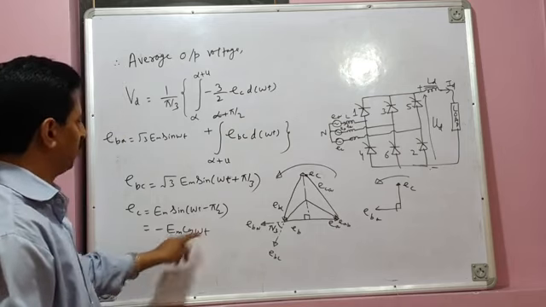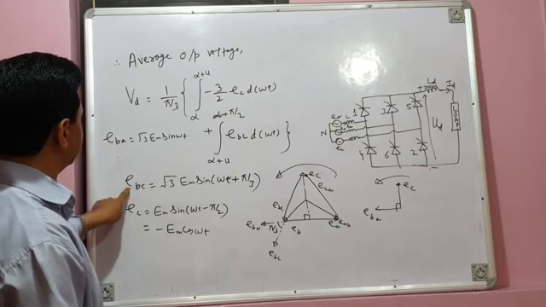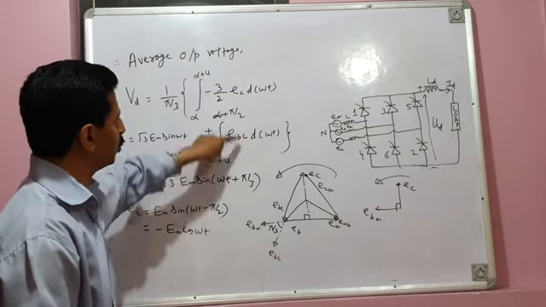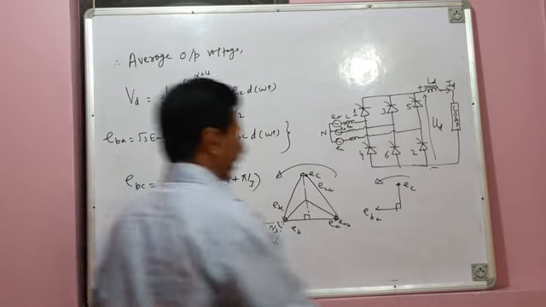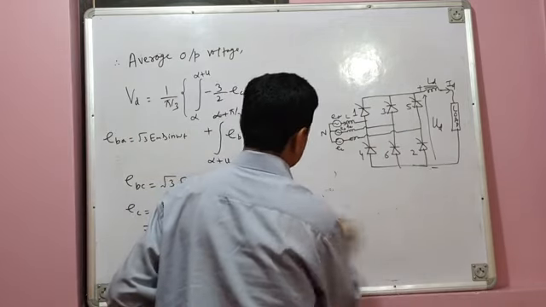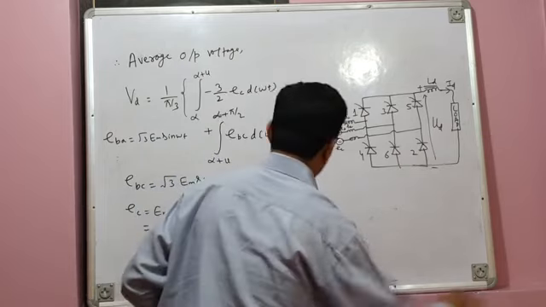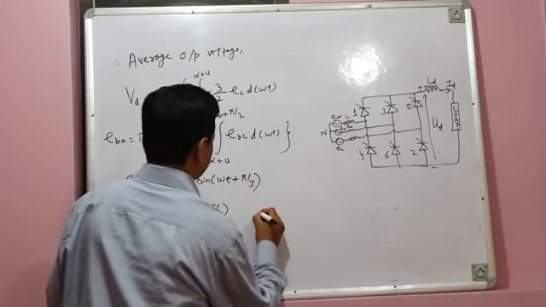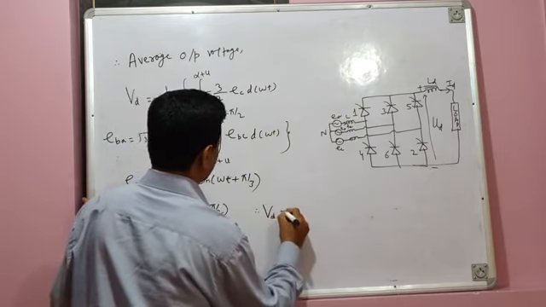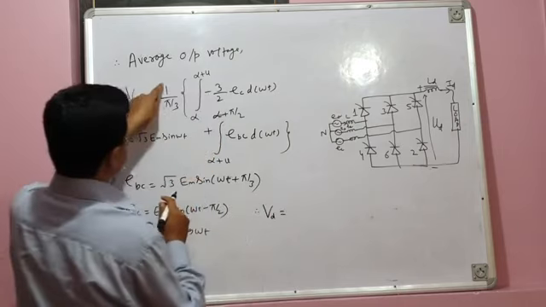So therefore, I got the mathematical expression for EC. It is minus Em cos omega t, and EBC is root 3 Em sin of omega t plus pi by 3. I will substitute these here and I will start integrating. So therefore, my average output voltage or average load voltage VD is equal to, see, this is 1 by pi by 3.